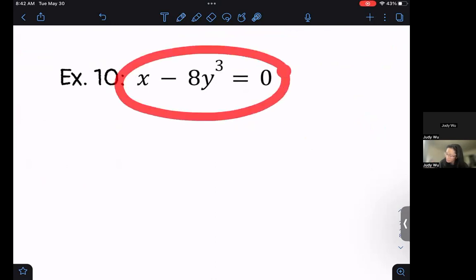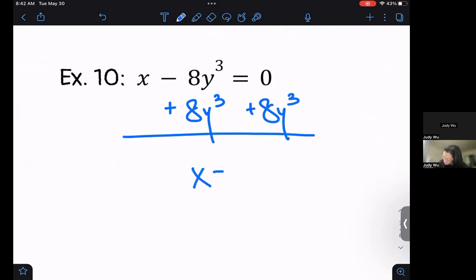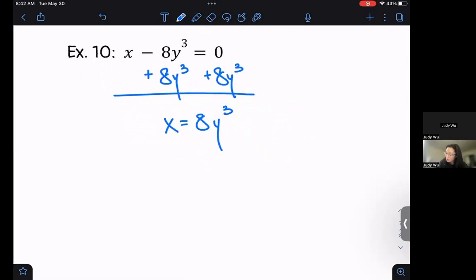I've got x equals negative 8y cubed. So I'm going to go ahead and add this to both sides. All right, x equals 8y cubed. Now I need to get the y by itself.